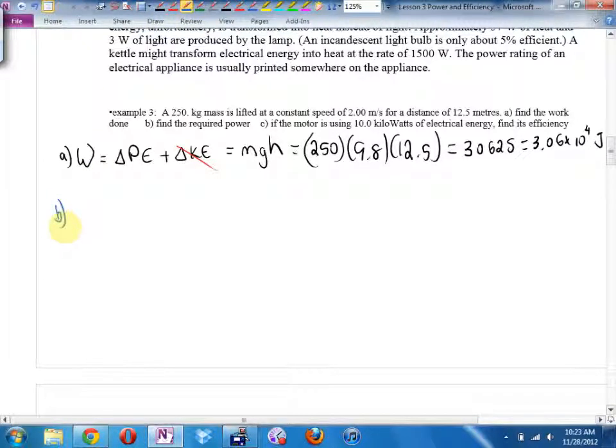B. Diana, what do they ask me to find in B? Power. Power, we just said, was work over time. Do you see a time anywhere in here, Diana?